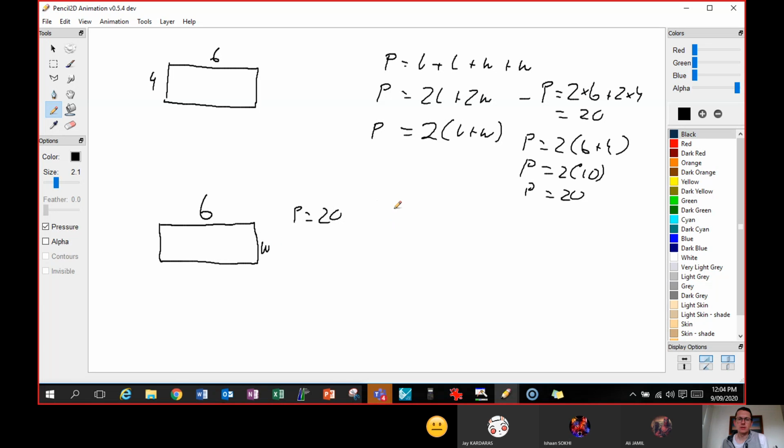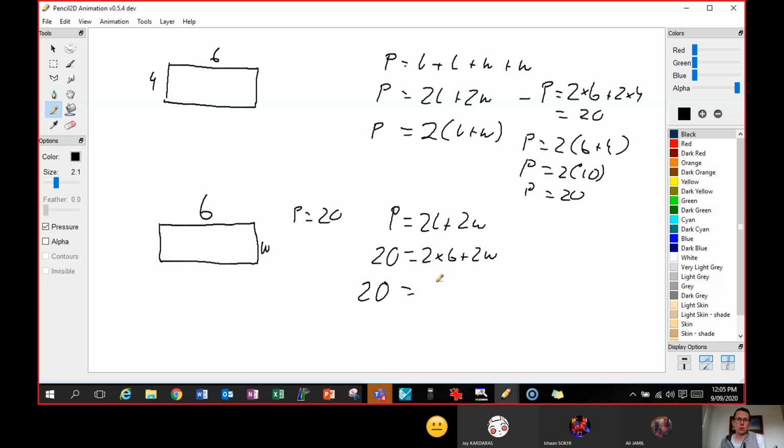So what you can do, and this is where you're using your substitution: I know my perimeter is 20, and I know my length is 6. And this is how we use algebra to help us show what we're doing. So normally what you did is you go, well, I've got 20. We know that's the perimeter.